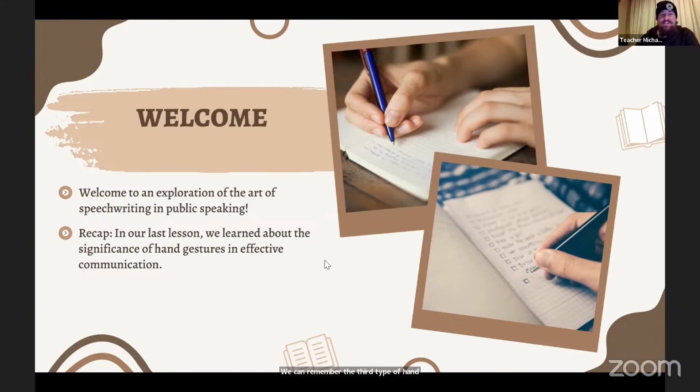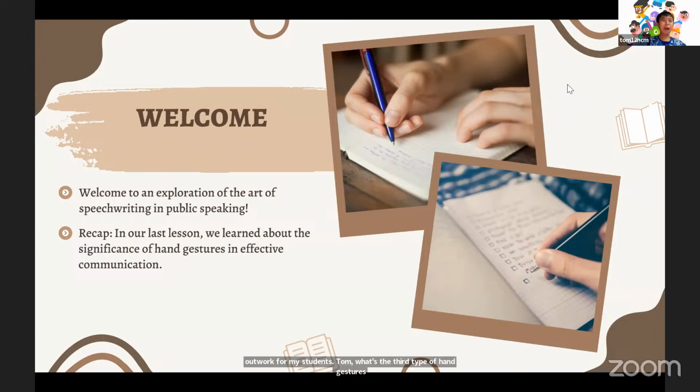I'm good, Diana. How are you? Oh no, we're starting this already. More beautiful artwork from my students. Tom, what's the 3rd type of hand gestures? I am Magnus. Magnanimous. Very good. I am God. I am God himself. Oh, bless.